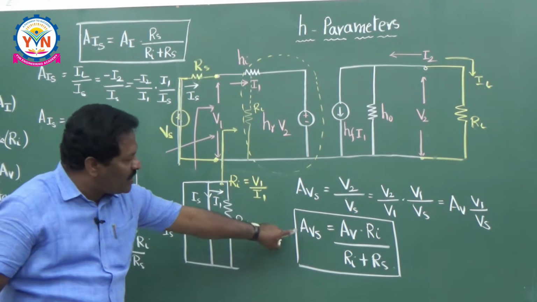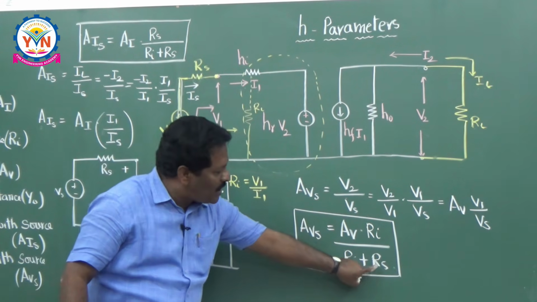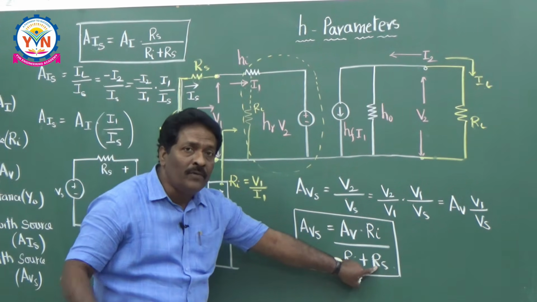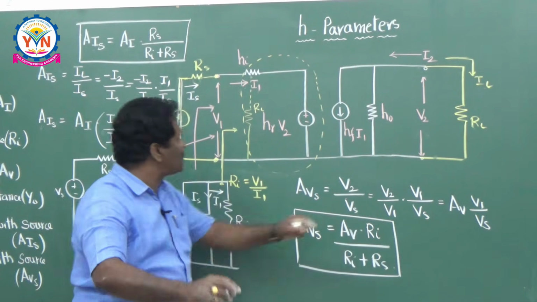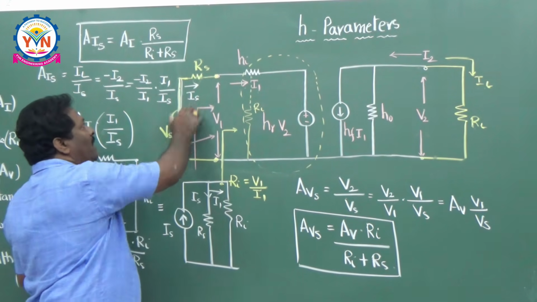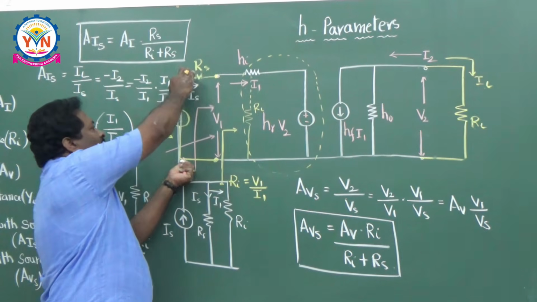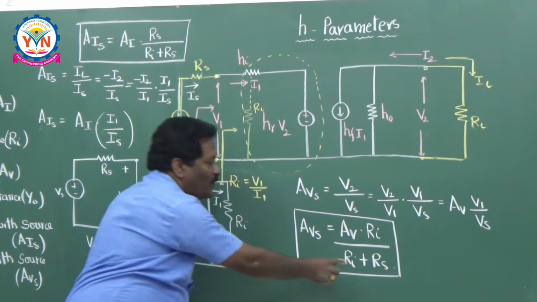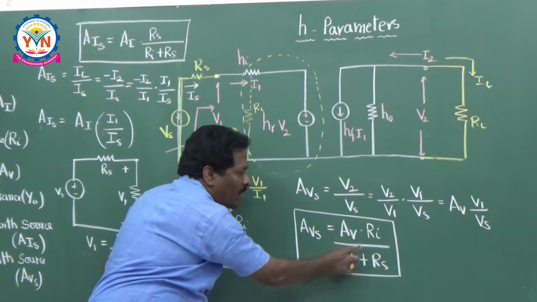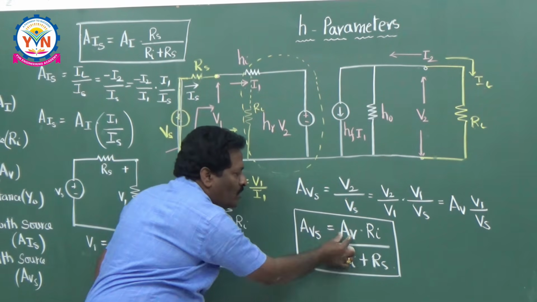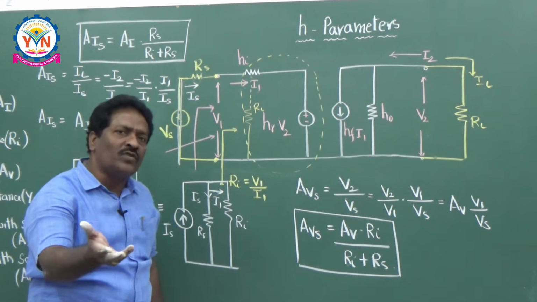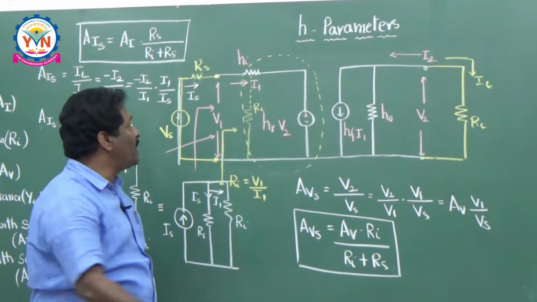So this is the voltage gain with the source. Now if you put Rs equal to 0, no source resistance at all, if the source is ideal, this Vs is equal to V1. So if you put Rs equal to 0, Ri and Ri will be cancelled, AVS is equal to AV. Voltage gain with source and without source are the same if you take an ideal source.